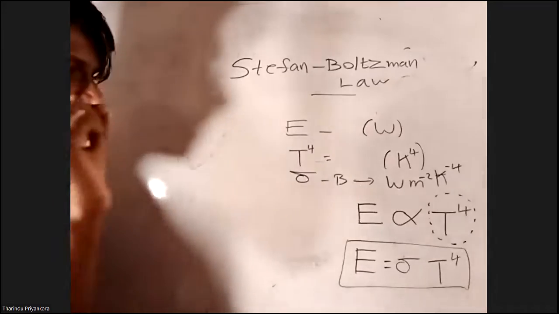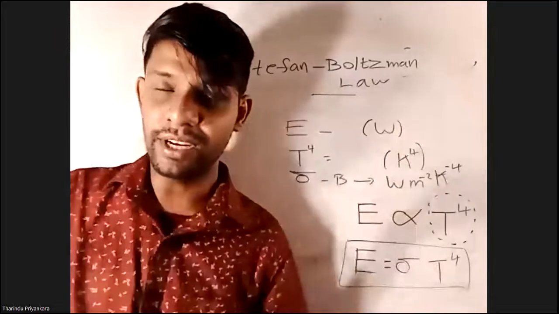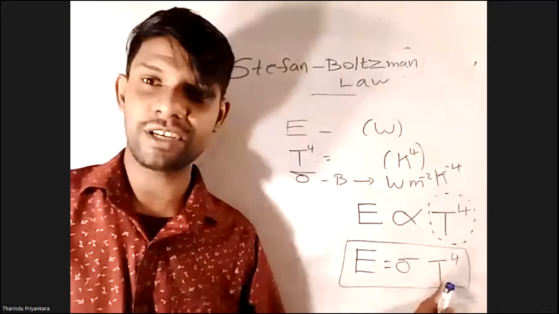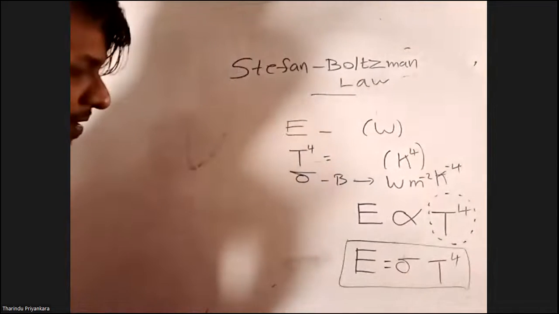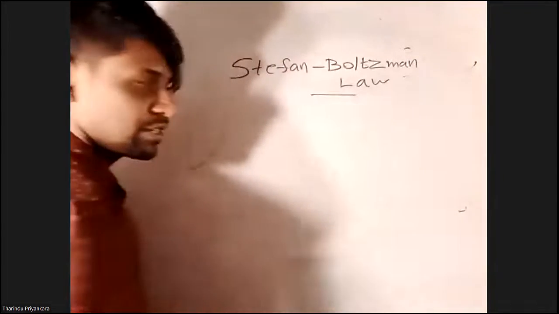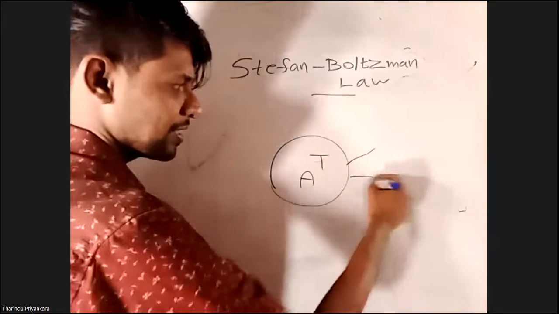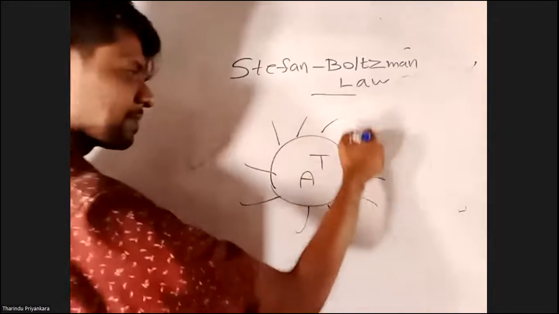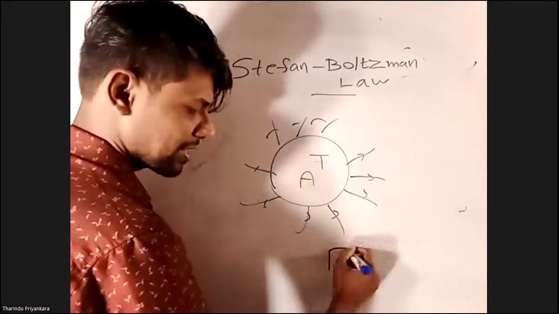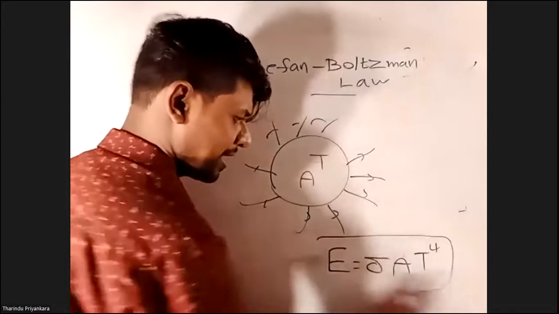Now write another point. If the body is not a unit area, that is, the equation holds like this only when the area is exactly one square meter. Otherwise the equation may change as follows. If the body has an area of A and a temperature of T, it may emit radiation, like our sun. So what is it going to be? E equals sigma A T to the power 4.